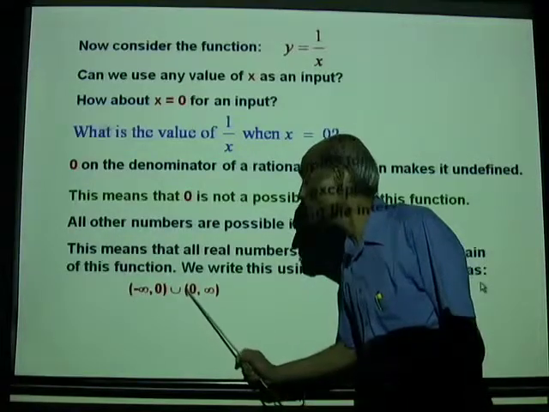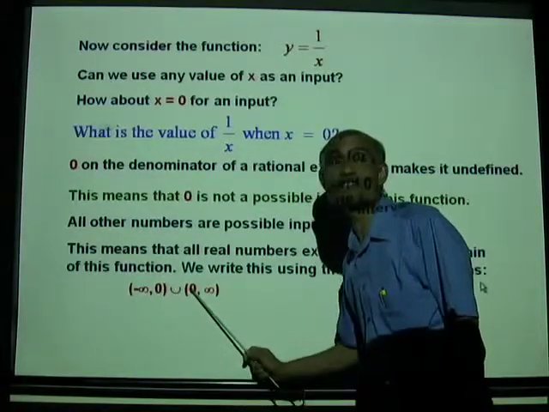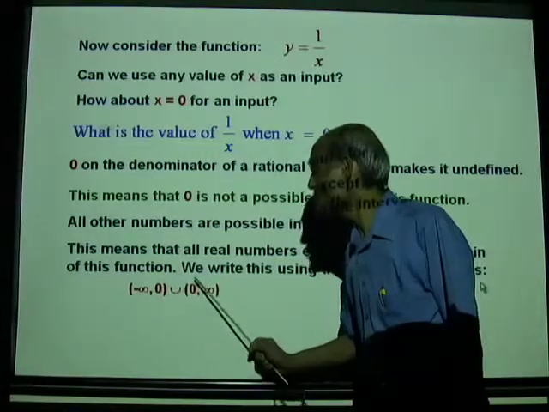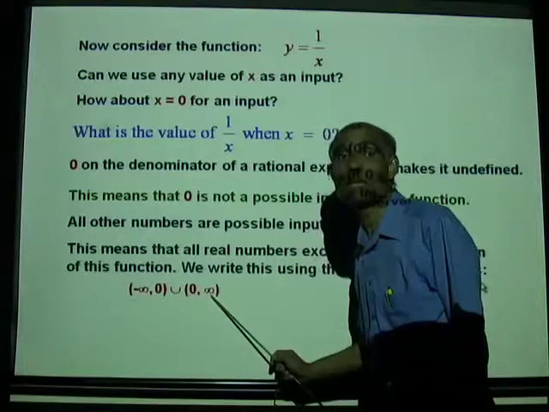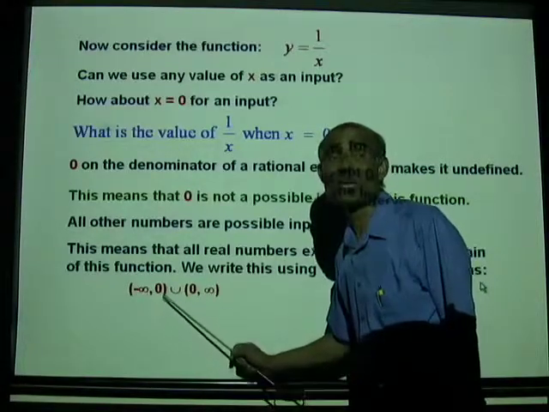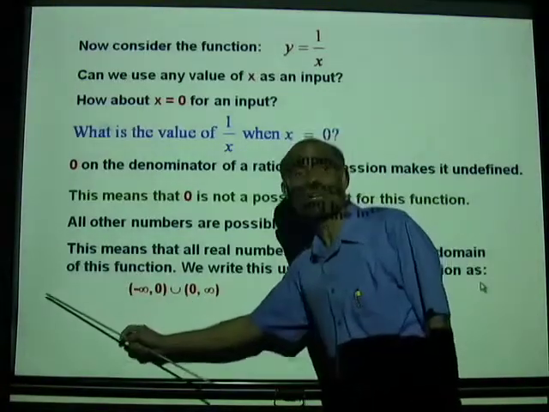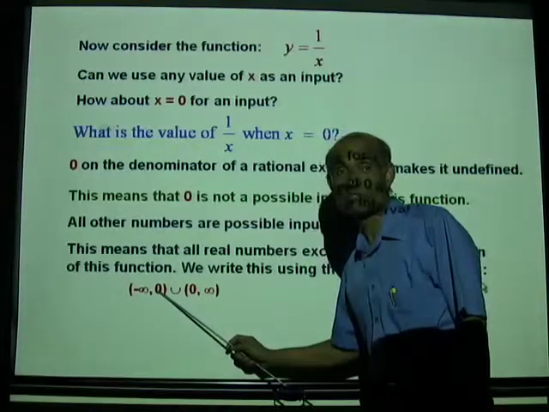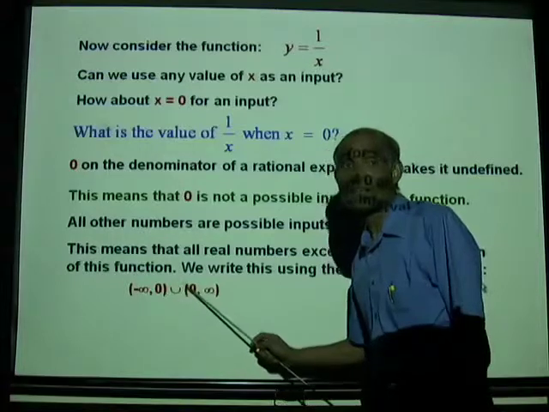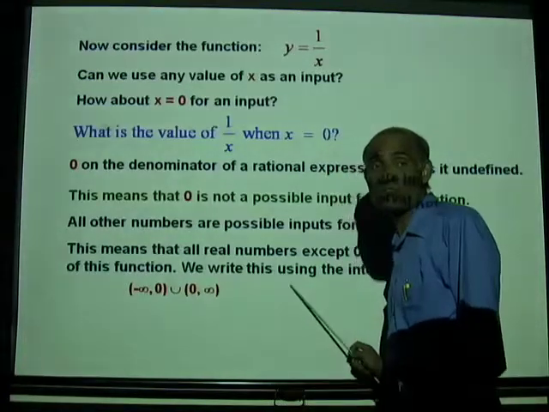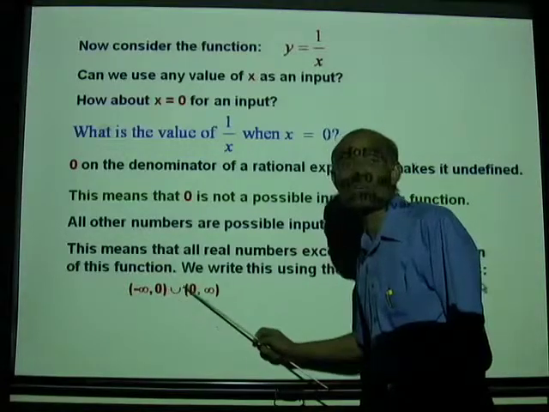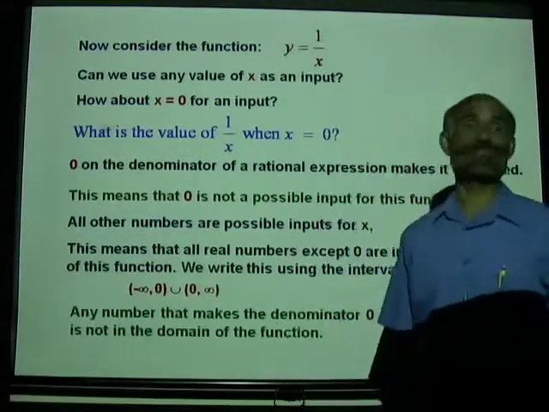So this parenthesis means 0 is excluded. So -infinity to 0 union 0 to infinity means the domain contains all real numbers from -infinity to 0, 0 not included, and from 0 to +infinity, 0 not included. 0 is excluded from the domain.